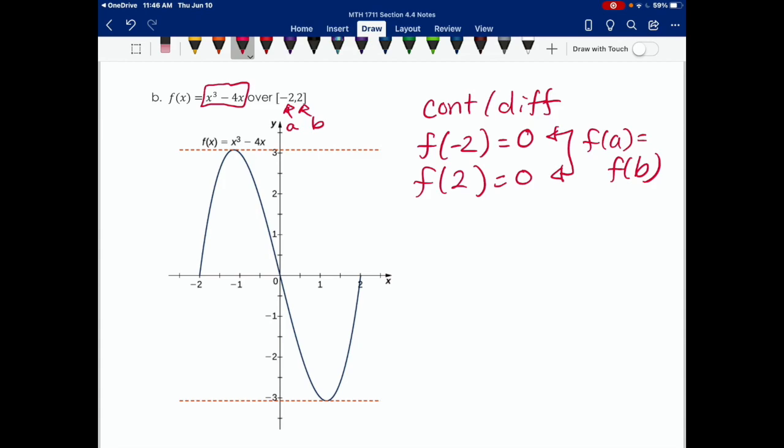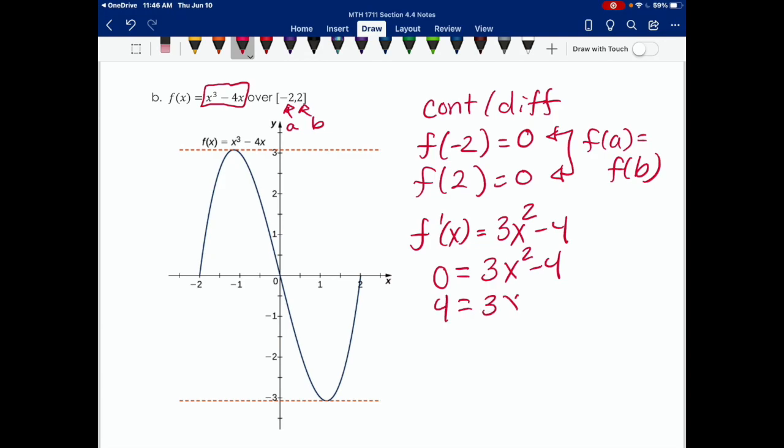So now what we can do by Rolle's theorem, we can say there's at least one value of c on that interval where the derivative is 0. So let's take the derivative of f of x. So that's 3x squared minus 4 when I take the derivative of f. And now I'm going to solve this for 0. I'm going to put 0 in for f prime of x and solve for x. So I'm going to add 4 to both sides. I'm going to divide by 3. I'm going to use the square root property here.